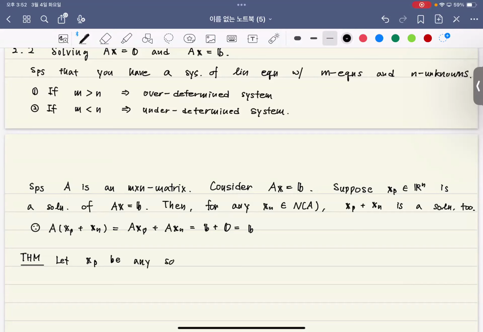Suppose that I have a solution xp of this equation.